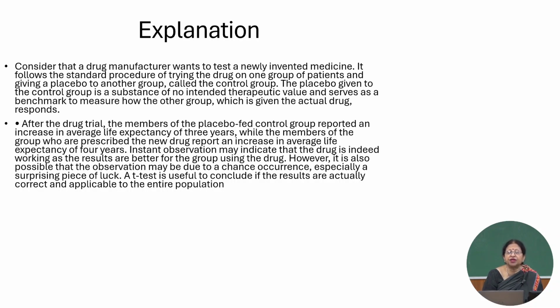Instant observation may indicate that the drug is indeed working, as the results are better for the group using the drug. However, it is also possible that the observation may be due to chance occurrence, especially a surprise piece of luck. A t-test is useful to conclude if the results are actually correct and applicable to the entire population.